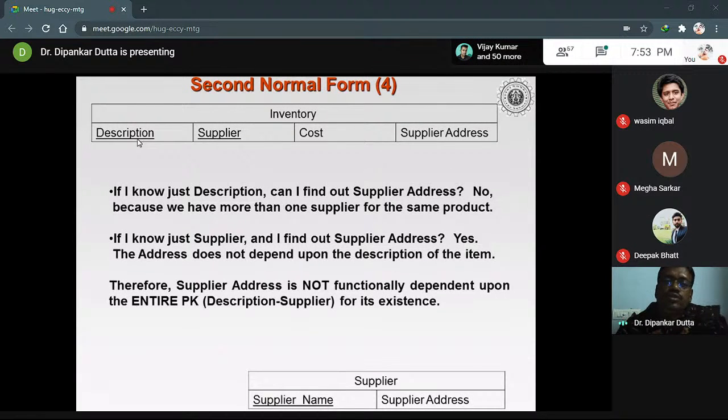Description of the item is not required. So supplier address does not depend upon description and supplier both. It depends upon supplier ID only. So supplier address is not fully functionally dependent on primary key of this table. Okay, so we can say that this table is not in second normal form.